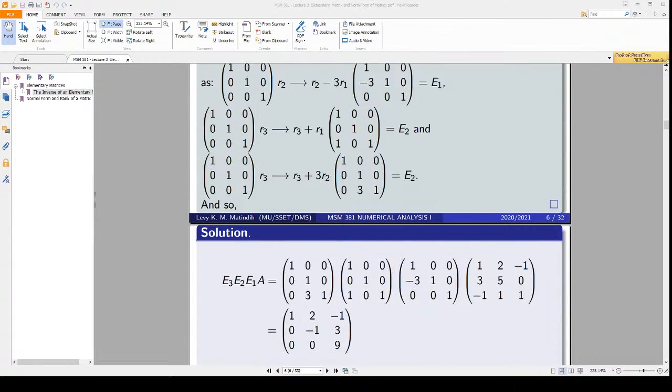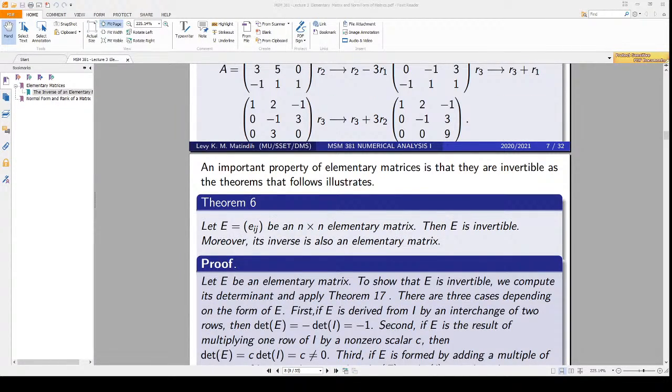The next step that we need to look at now is this important property of elementary matrices. What it is saying is, let E be an n by n elementary matrix. This E has entries Eij. This is an elementary matrix that you have obtained by applying a single elementary row operation on the identity matrix, which is of the same order as E. Then E is invertible.